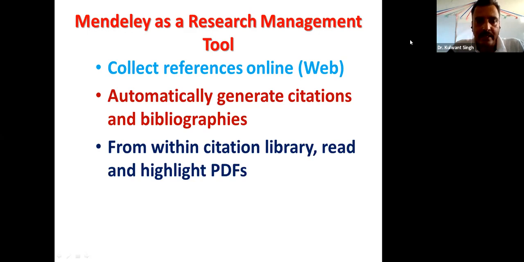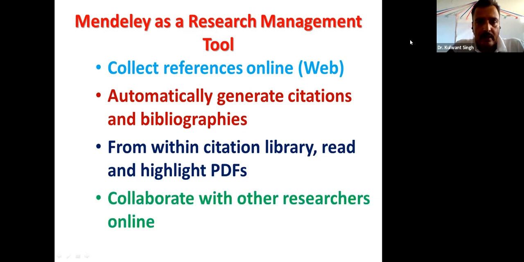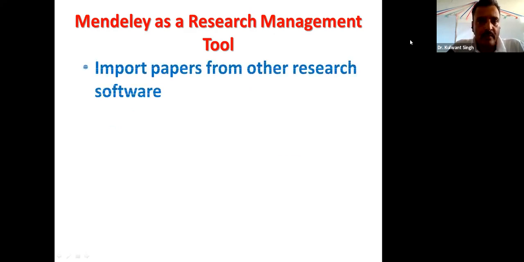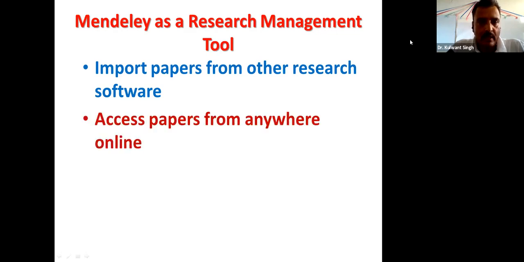It means he or she can set up documents to prepare a thesis or any research article. It also helps collaborate with other researchers on this platform online. We can import papers from other research software to use for citation and reference purposes, and we can access this Mendeley library from anywhere online.